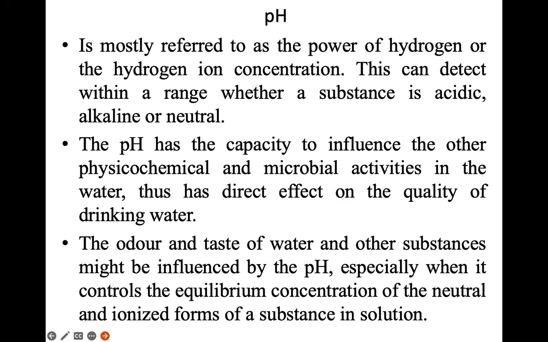Now, different water bodies have their pH regulations. And so if you are discharging an effluent with a pH range that is different from the receiving water, it's going to change the pH of the water that is receiving the discharge.